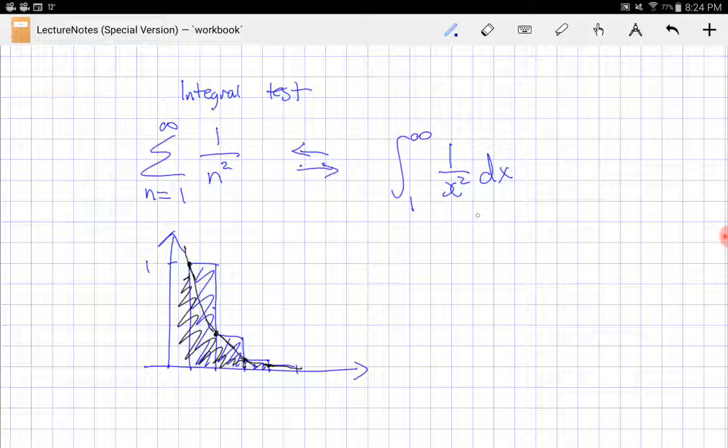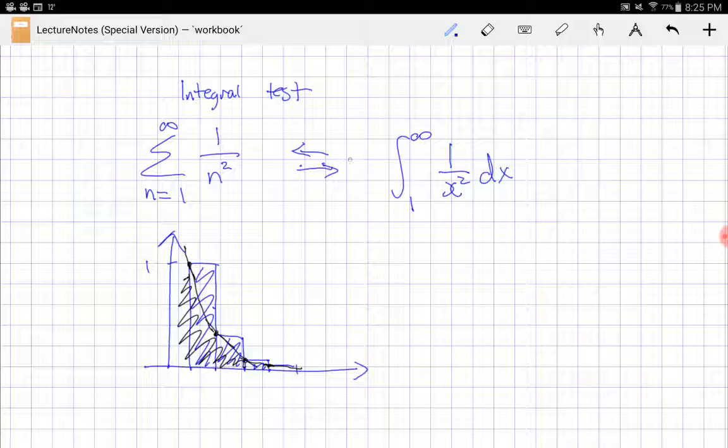The reason we do this is because our n's are discrete counters, so it is vaguely important to make this change. If our series converges, then our improper integral must also converge. And if our improper integral converges, our series must also converge. Alternatively, if our series diverges, our improper integral must diverge, and if our improper integral diverges, our series must diverge.